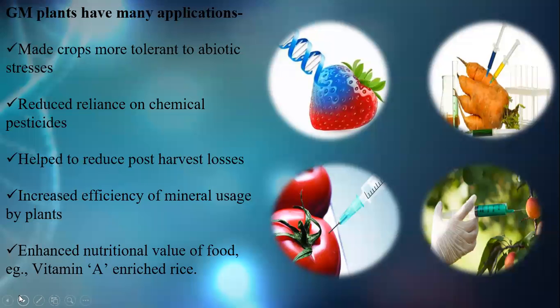Next slide. There are many applications of GM plants. What are they? The very first point: crops are made tolerant to abiotic stresses. This is how the DNA sequence is inserted. It won't be inserted just by pressing and inserting.